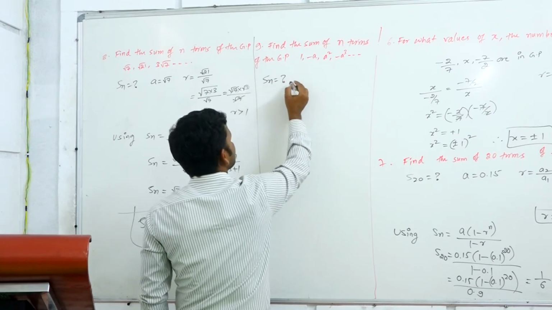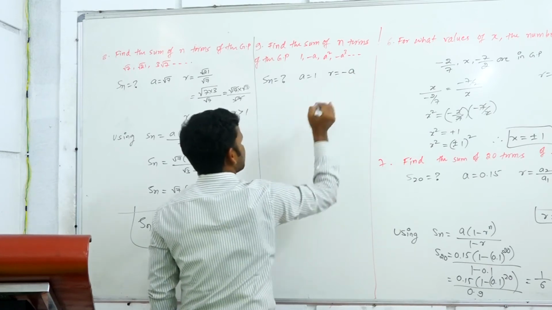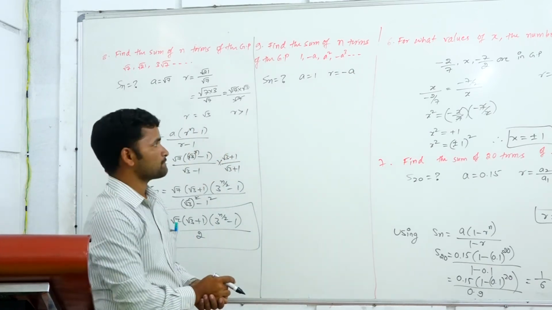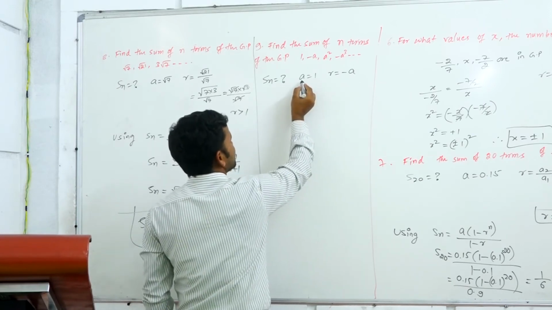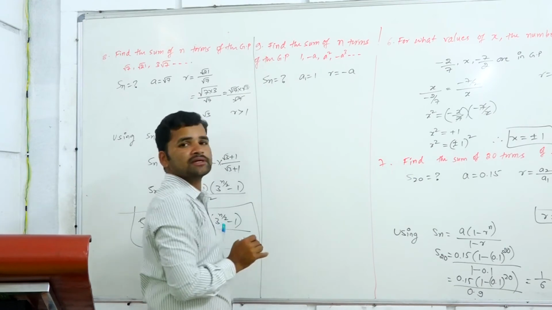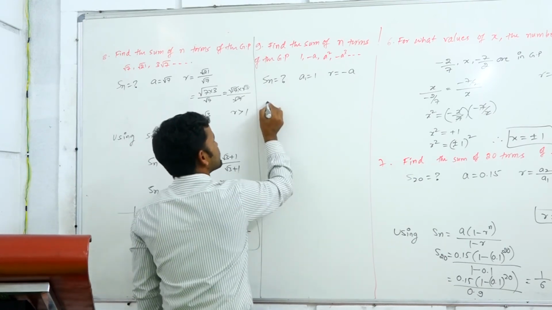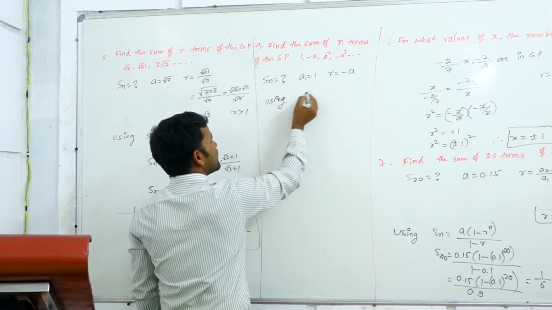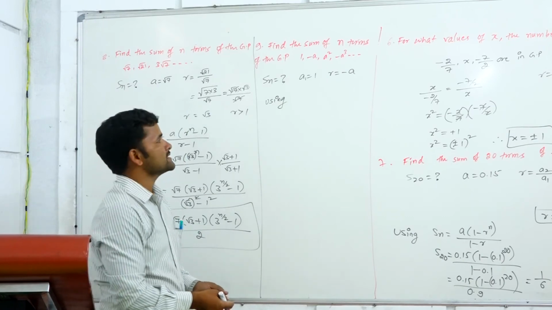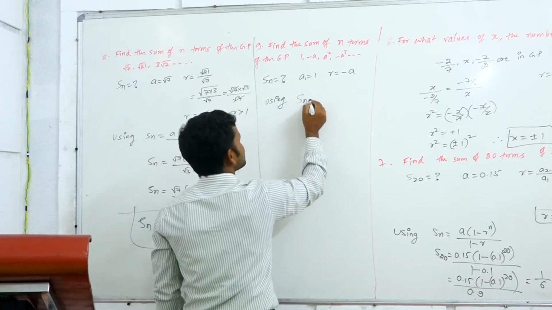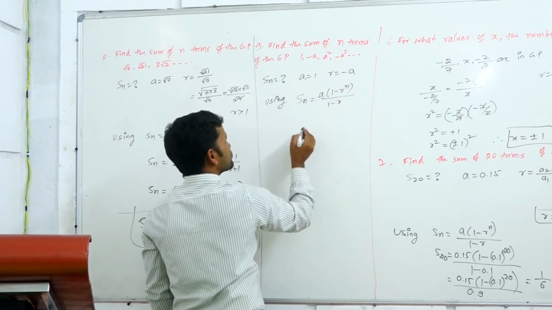Sn is equal to question mark here. a is equal to 1, r is equal to minus a by 1, which is nothing but minus a. Here we should not get confused with this and this. A is the first term here, a1 is equal to 1, and r is equal to minus a. Fine. Using the formula, r is equal to minus a, it is not a numerical value, hence you use the formula Sn is equal to a into 1 minus r to the power n divided by 1 minus r.